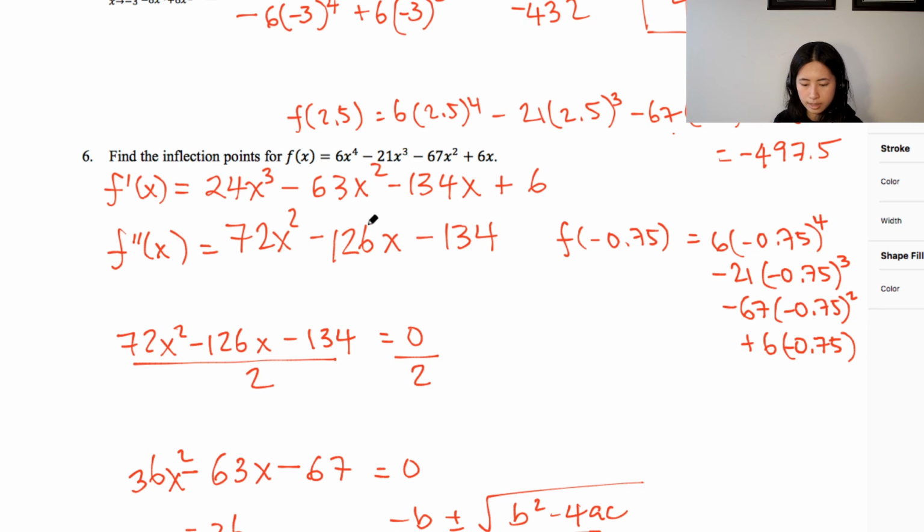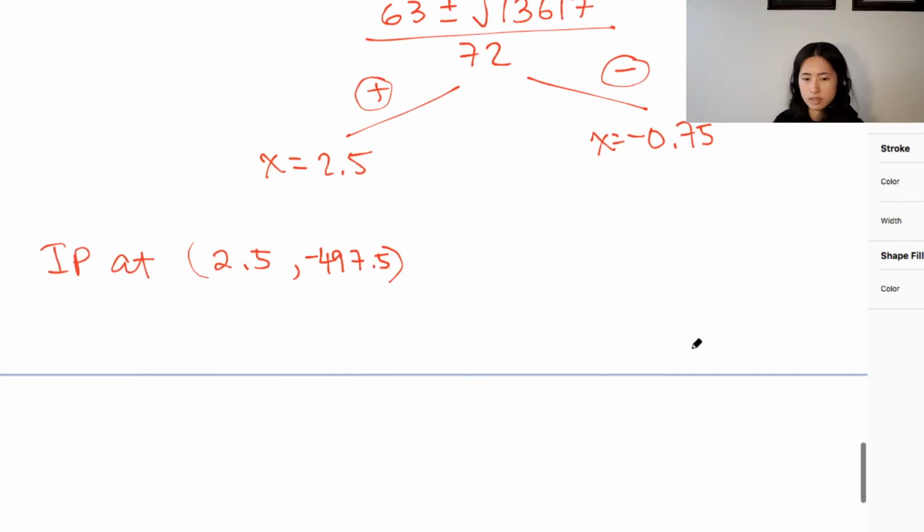Yeah, so this is actually negative 31.4. So we know what this is, right? And because we don't really have any restriction, we can say you have two inflection points, which are at 2.5 comma negative 497.5 and negative 0.75 comma negative 31.4.